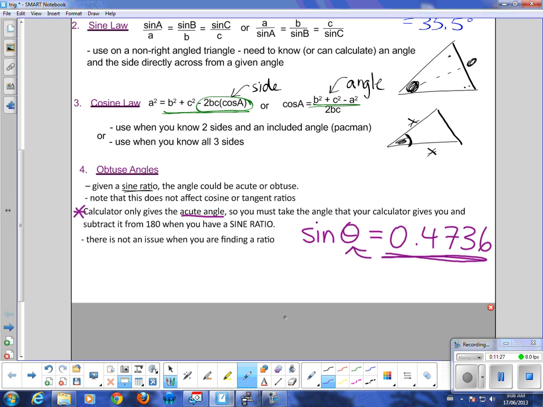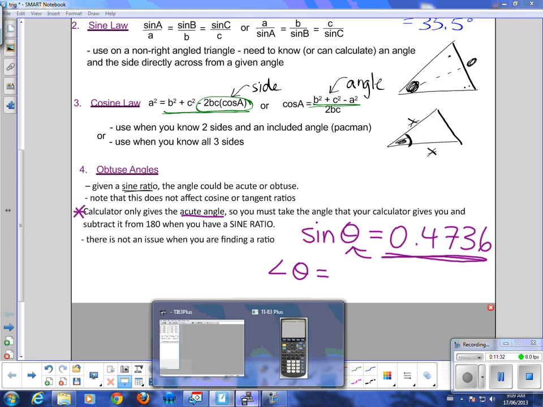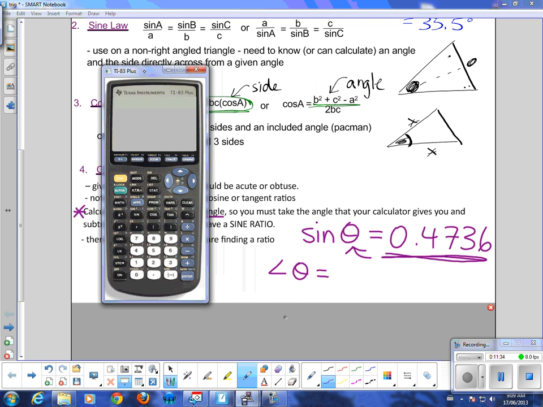So when I actually find angle theta using my calculator, and up it comes again, when I go second sine 0.4736, I end up with an acute angle, because that's what my calculator would give me, which is 28.3.